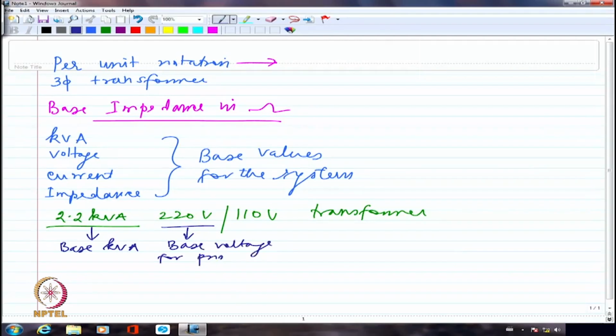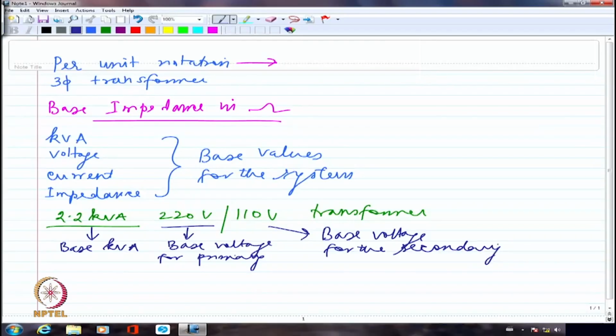Normally, for a transformer, we will not define a single base voltage. We will define the base voltage for the primary separately and for the secondary separately, because we are going to step up or step down. kVA is the same, whereas the voltage is defined independently for each of the sides. Fine?